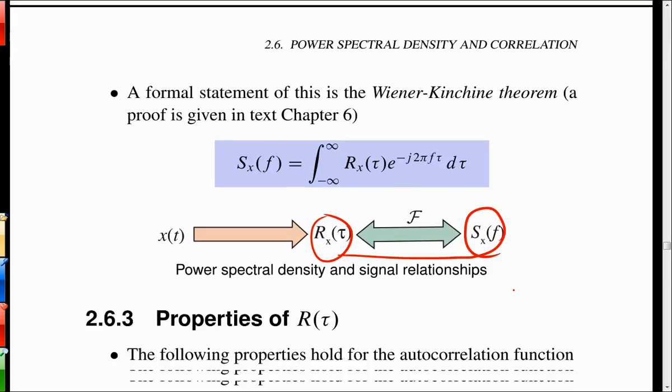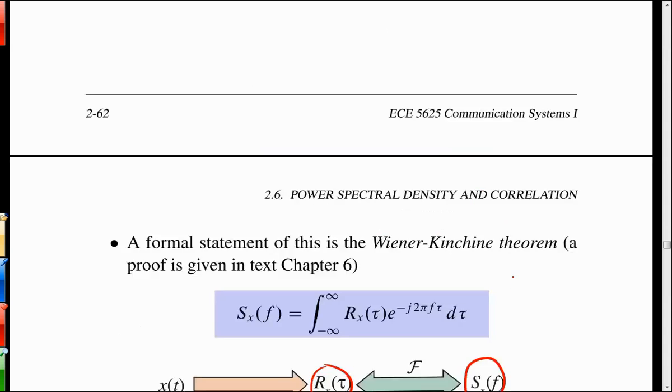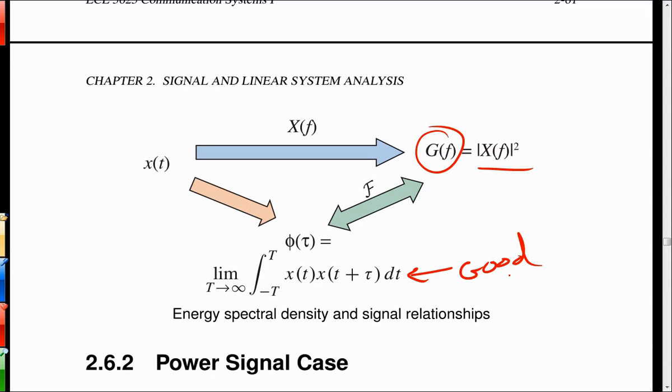Now, the good news is there are some ways of short-circuiting this a little bit for periodic signals. The energy spectral density case, just to point out, you can take this pathway right up here and go right from the time domain. So it's easier to work with an energy signal, but for a periodic power signal, it's a little bit harder.